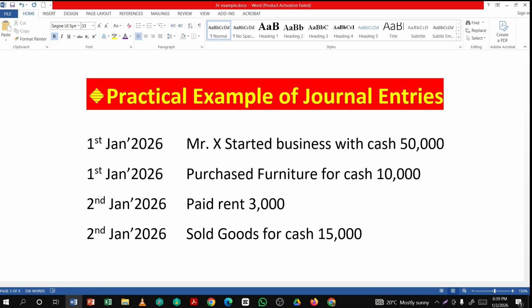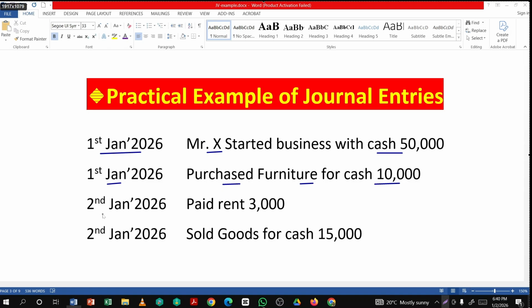Now I will explain the practical example of journal entries. 1st January 2026, Mr. X started business with cash 50,000. Second entry is 1st January 2026, purchase furniture for cash 10,000.